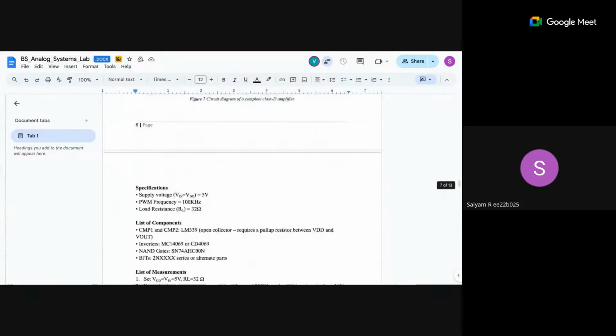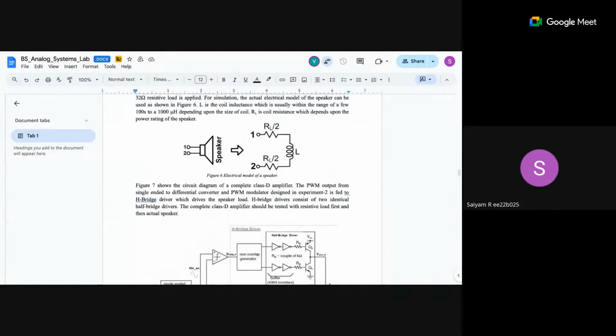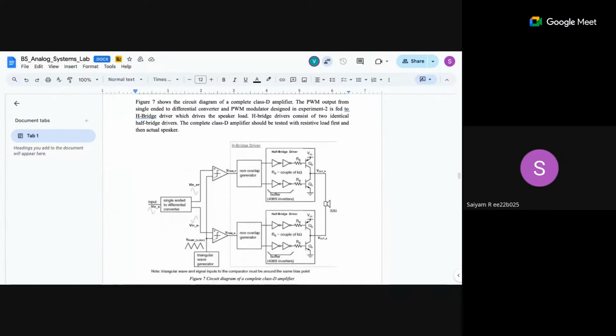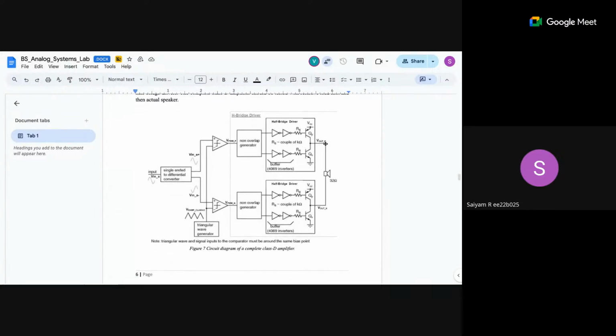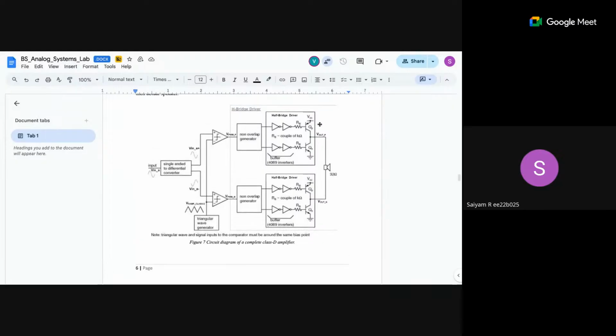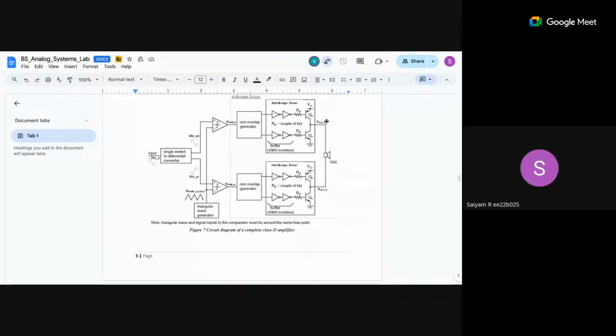As for experiment 3, the H bridge driver. Here, in the simulator, the output will be switching, like a PWM wave, a pulse wave with varying duty cycle.